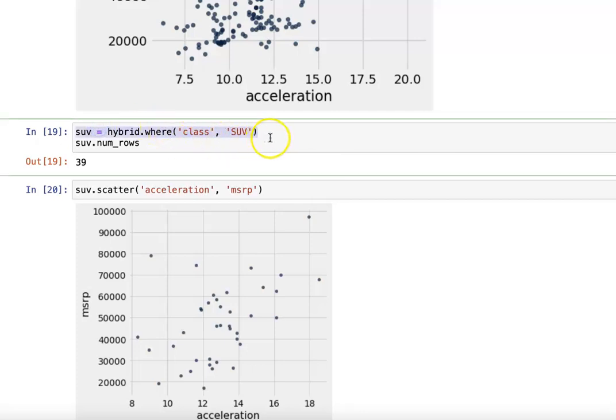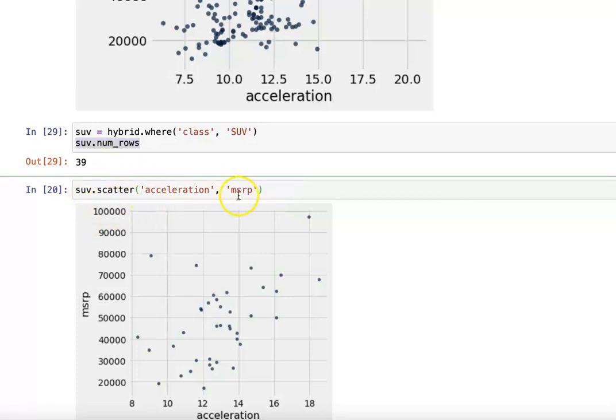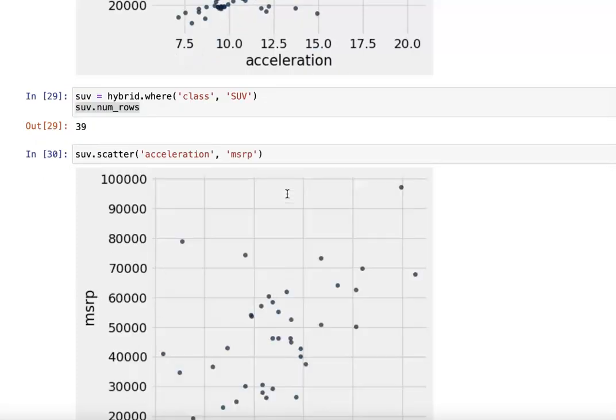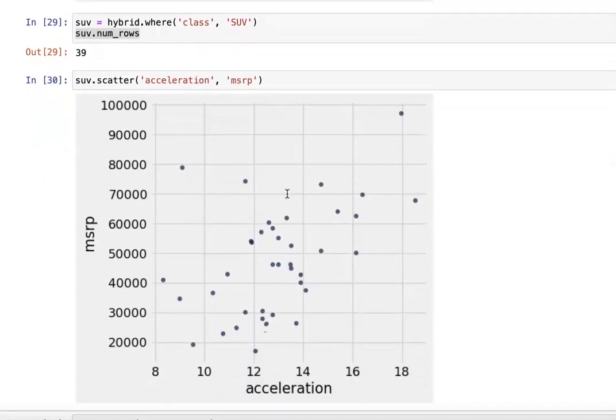So how about we just look at the hybrid information? If the hybrid is an SUV, then we have 39 SUVs. Now if we use only the SUV class, using the MSRP and the acceleration to make another scatter plot, you can see the positive linear association is even more clear.